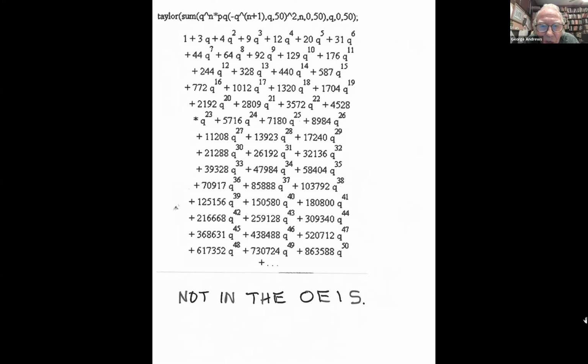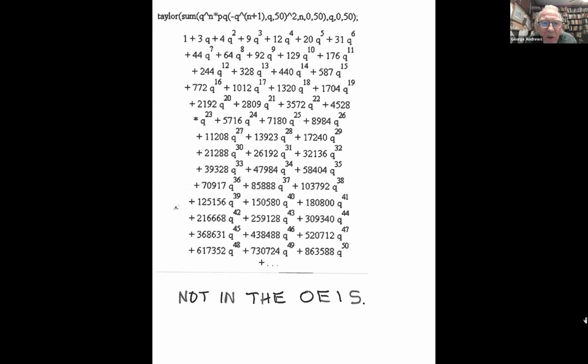you see most of the terms are even. Most of the coefficients are even. Well, of course, there's the zero term, the Q term. They're odd at Q, Q cubed, Q^6, Q^10, Q^15, Q^21, Q^28, Q^36.